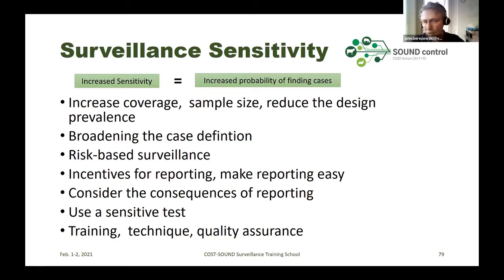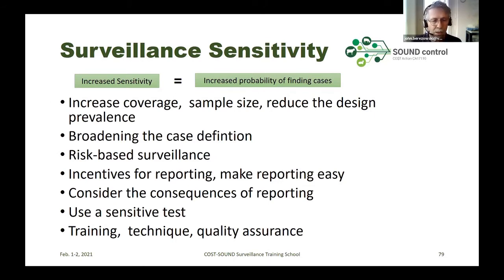Don't make them have to fill out a great big form online to report the case. Consider the consequences of reporting, so make sure that there is no stigma against reporting and that you pay good indemnity if you have to quarantine and remove the animals.